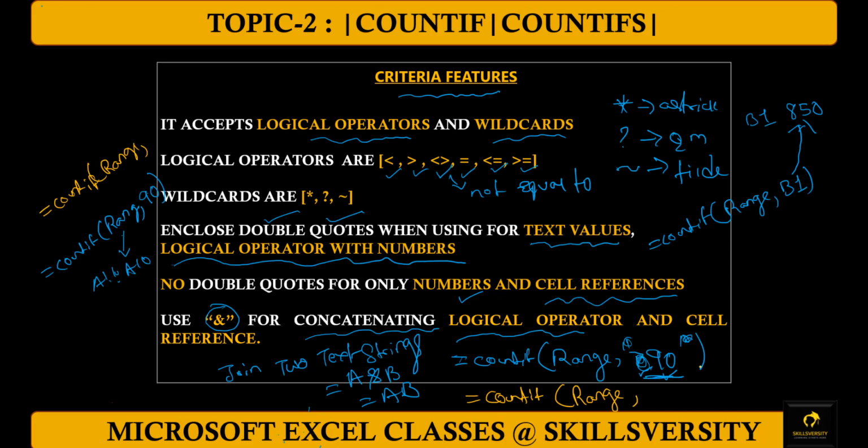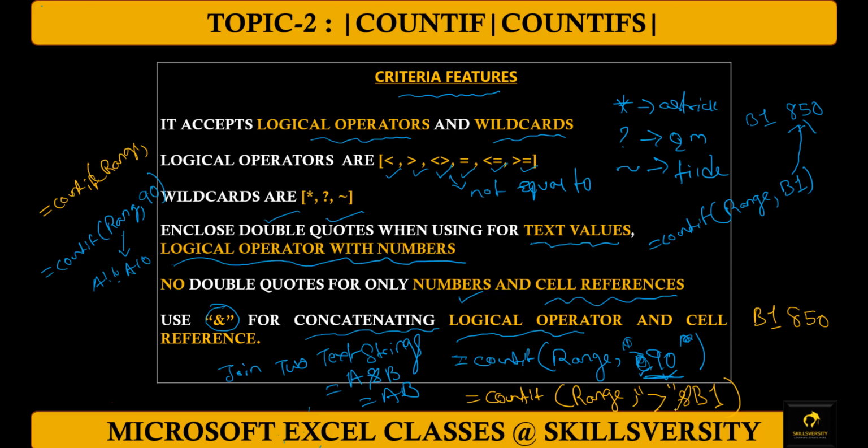Now I have a value in cell B1, I have a value 850. So I want to refer to this using a logical operator, right? So if I say greater than, I'll put it into double quotes. For cell reference, I don't need any double quotes. So to join these two, COUNTIF function will need an ampersand symbol.